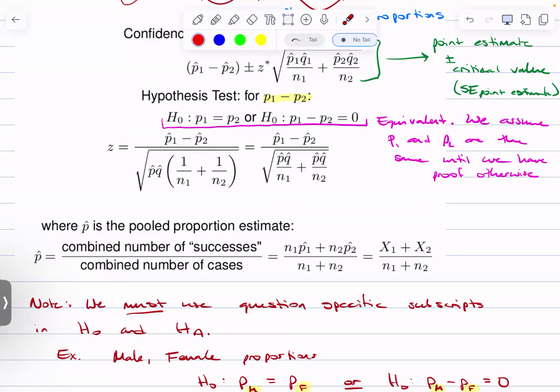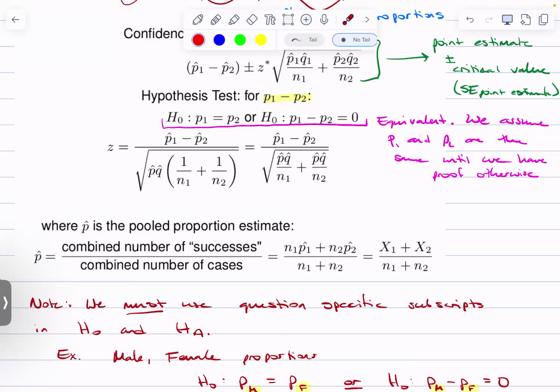Step 2 is calculate the test statistic. This is a Z. What a relief. Because once we have Z, we know how Z behaves and we can find probabilities associated with Z. We know exactly what Z is, it's just the getting there is a little bit more tedious.